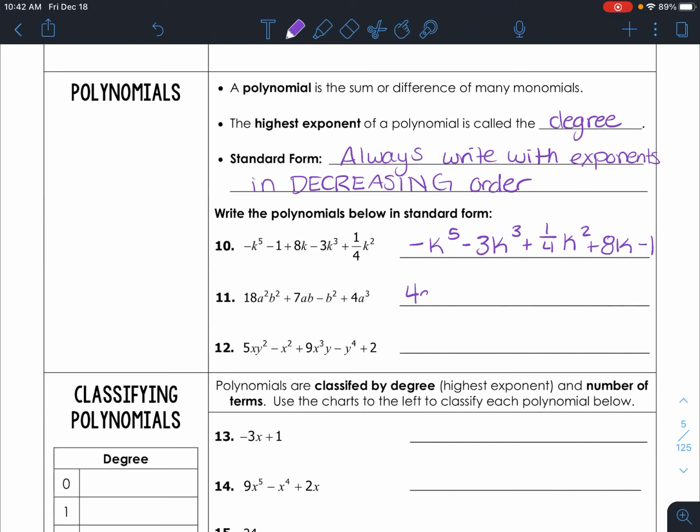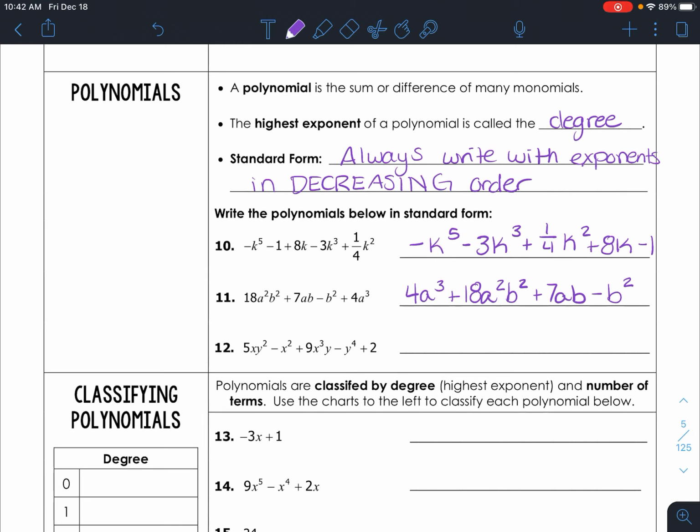So I'm going to have 4a cubed, then I have the a squared, plus 18a squared b squared, plus 7ab, and then whatever's left over, minus b squared. That's what you tack on to the end.